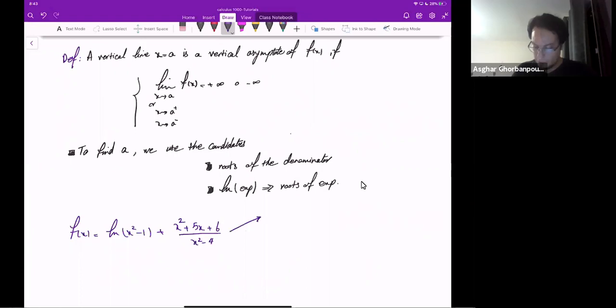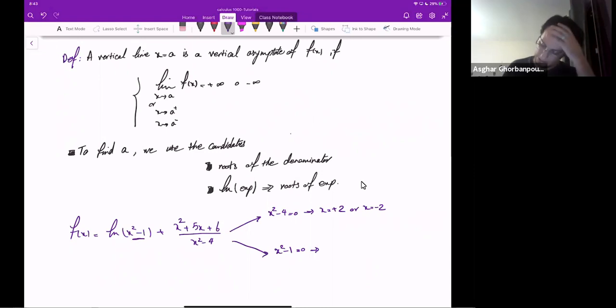First, the roots of the denominator: x is either plus 2 or negative 2. Also, inside the ln, x is either 1 or negative 1. So now I have 4 candidates.